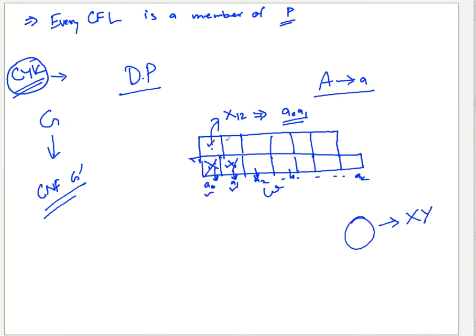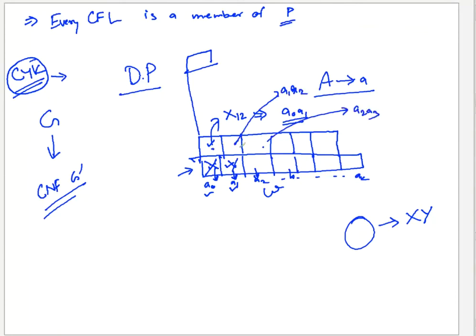In this way, you build the whole table, and finally at the last level you will have just one single value. At the first level, it is a single symbol that you are checking. At the next level, this cell checks for a0, a1, this cell checks for a1, a2, asking which variable can derive that, this one checks a2, a3, and likewise.